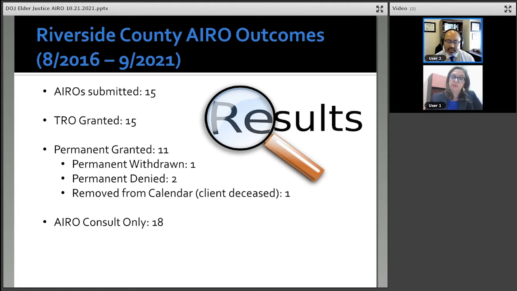But there was contradictory information or evidence. So the judge in that case determined that burden of proof was not shown by APS. But for the most part, it's been successful when we do file it. And I think that it's worth the risk than not pursuing it.